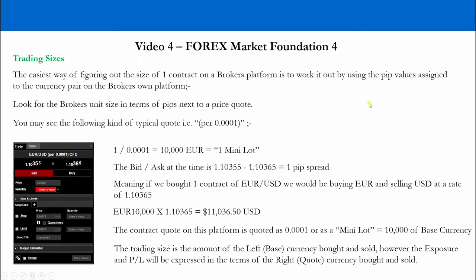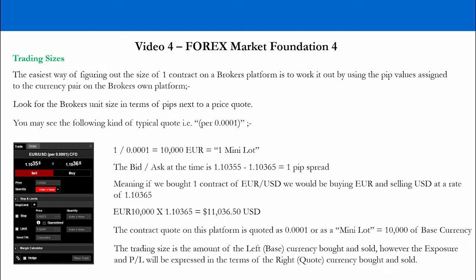So the contract quote on the platform is quoted as 1 pip or as a mini lot of base currency. And the trading size is the amount of the left base currency bought and sold.